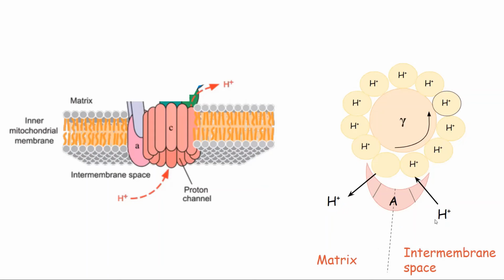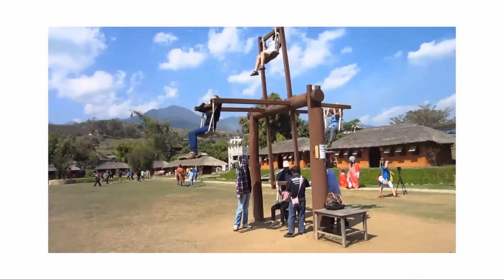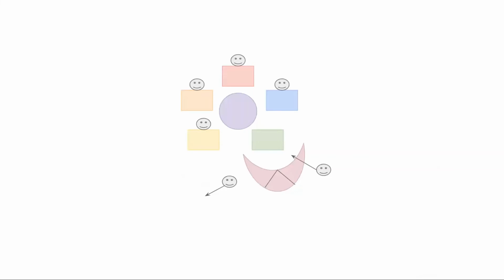So the hydrogens come in here, they go all around, and then they leave here. And this kind of reminds me of those human-powered Ferris wheels. When you get on, it goes all around until it's off. And the people getting on and off are what cause the rotation of the Ferris wheel.